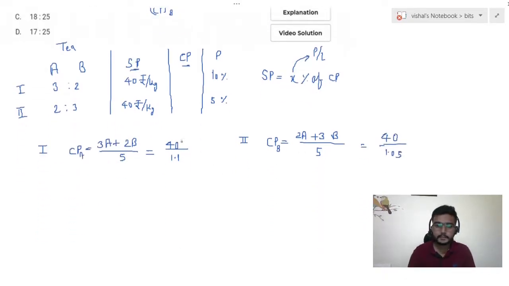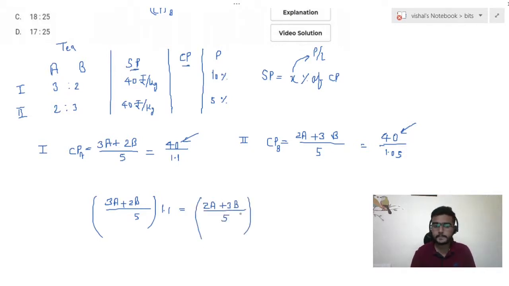We can equate both of these terms because the selling price is the same, so we will equate 40 equals 40, which will come out to be (3A plus 2B) divided by 5 multiplied by 1.1 is equal to (2A plus 3B) divided by 5 multiplied by 1.05.